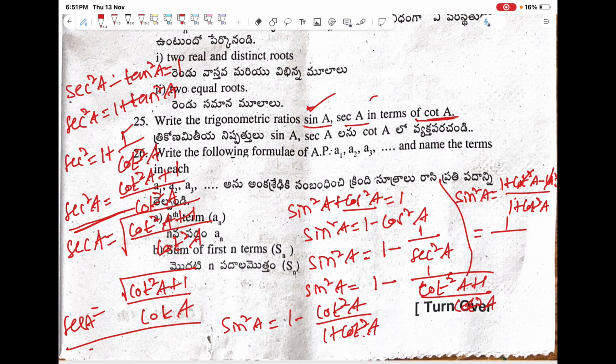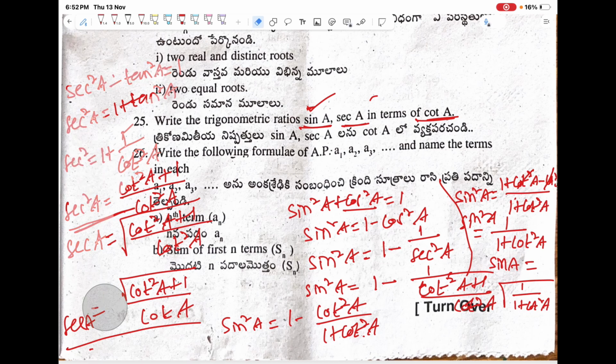In the numerator you find only 1, and the denominator contains 1 plus cot square A. This is the sin square A value. We need only sin, so sin A equals square root of 1 by 1 plus cot square A. So this is how we got sin and secant in terms of cot A.